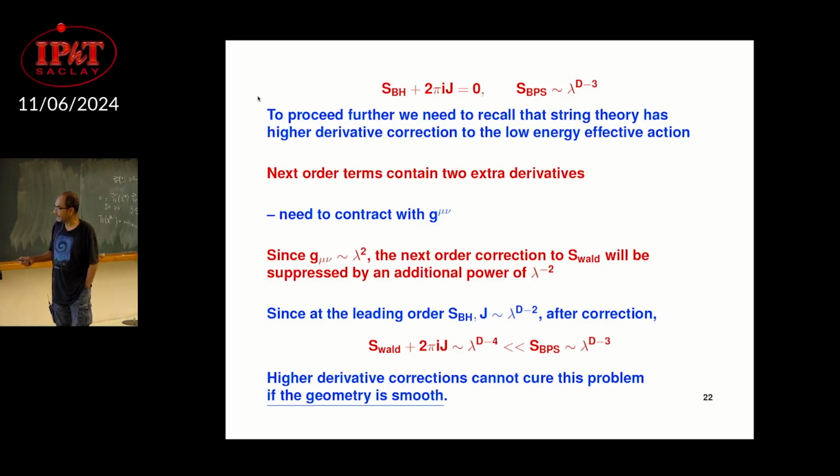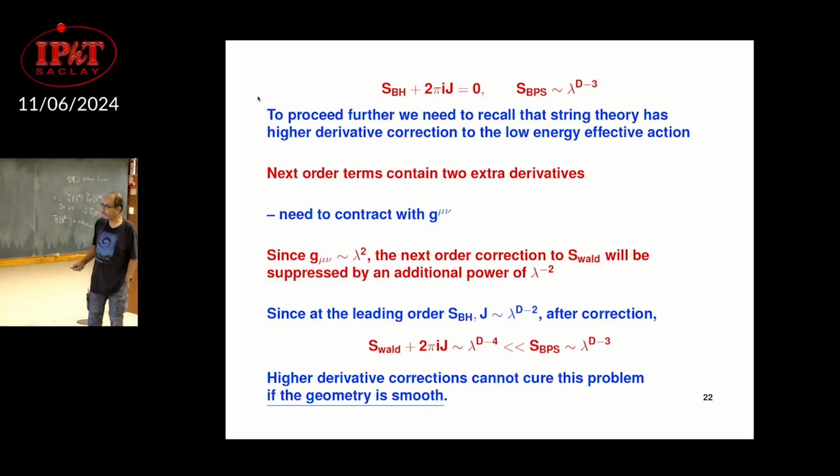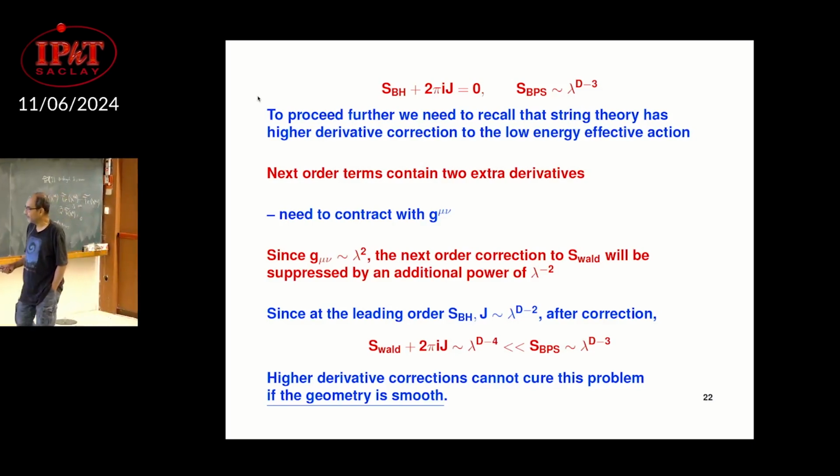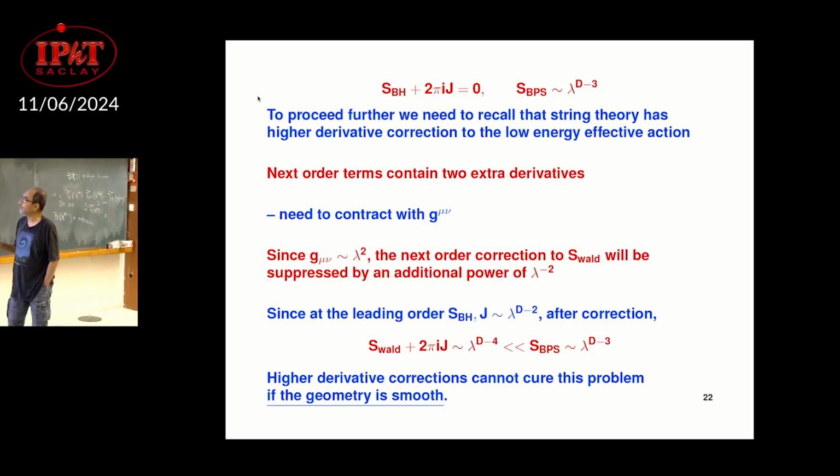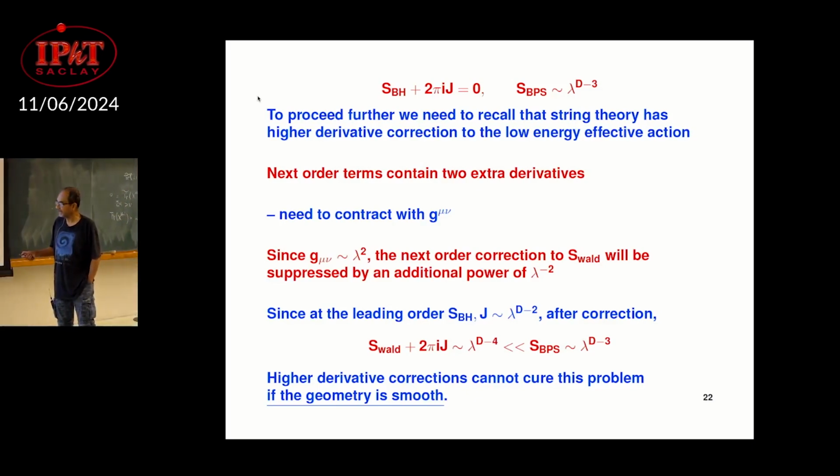Next order corrections will change it to lambda to the d minus 4, because S black hole gets a correction of order lambda to the d minus 4, and J gets a correction of order lambda to the d minus 4. So this will now be of order lambda to the d minus 4. But that is a contradiction, because we are looking for an S BPS which is lambda to the d minus 3. So while we survive the first inconsistency, we now stare at a second inconsistency.